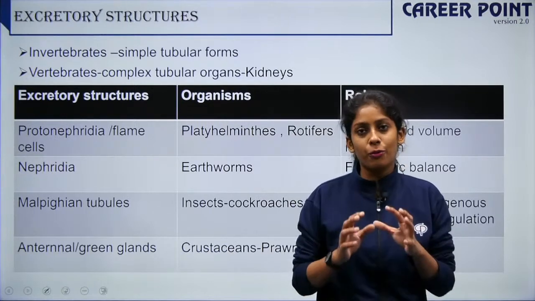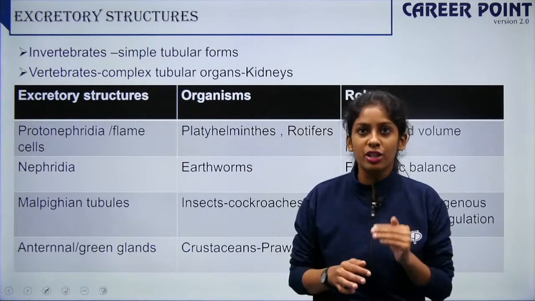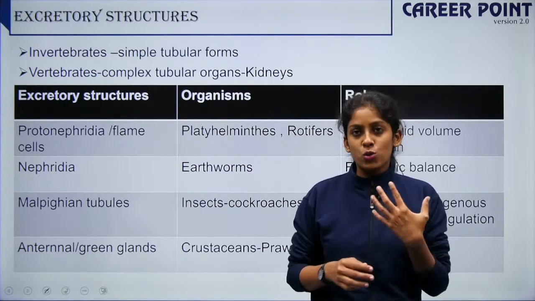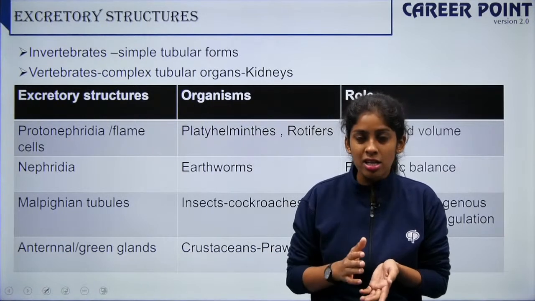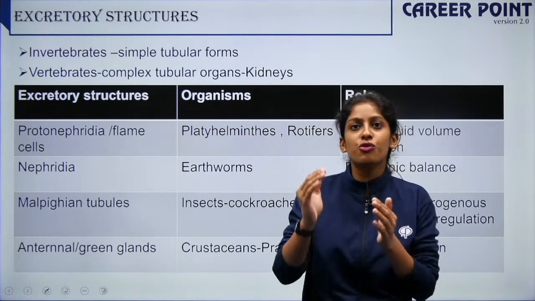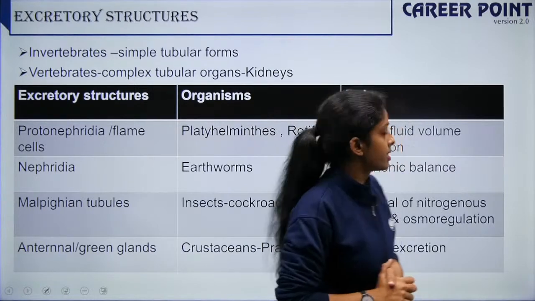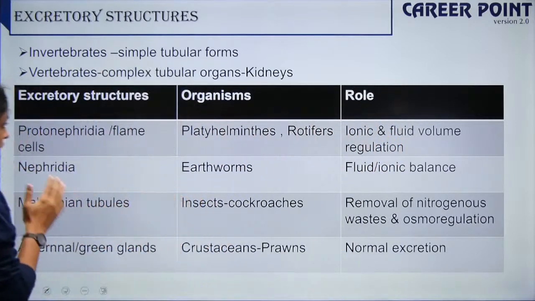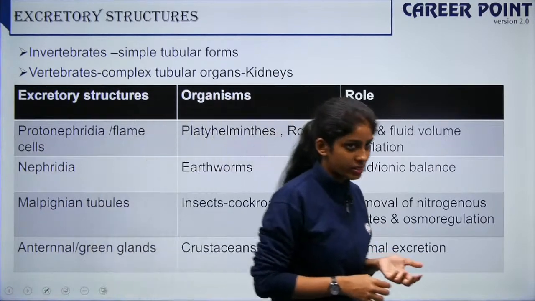But the major waste that we excrete is urea, which comes out in the urine. In a day, you pass 1 to 1.5 liters of urine, and from that, 20 to 25 grams of urea is excreted. Okay, Gautam? Yes. Now moving on, I have tabulated the excretory structures that aid different organisms in their excretion.